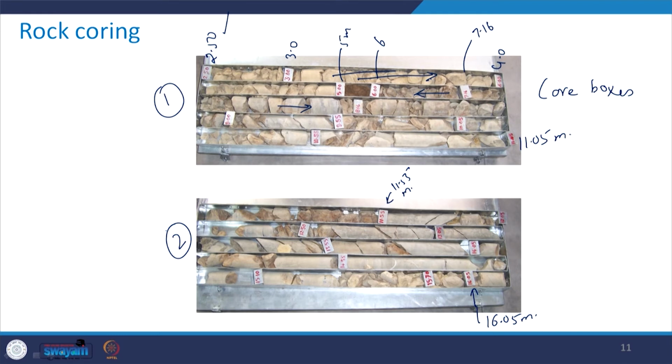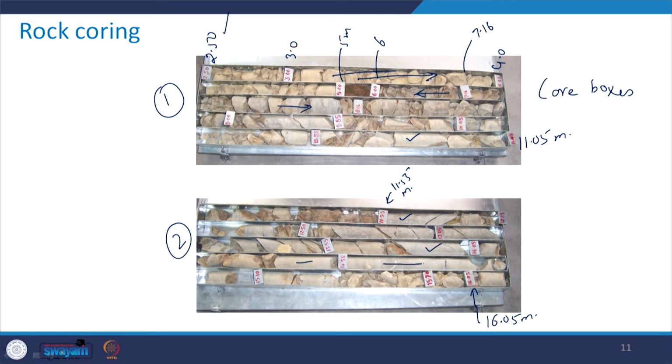Like you have a borehole, here you have the core hole. This is the data of one single core hole that I have put here for your reference. In the beginning you were getting loose pieces, and then somewhere here you are getting some long cores. You can see this is also a long core, this is also long.